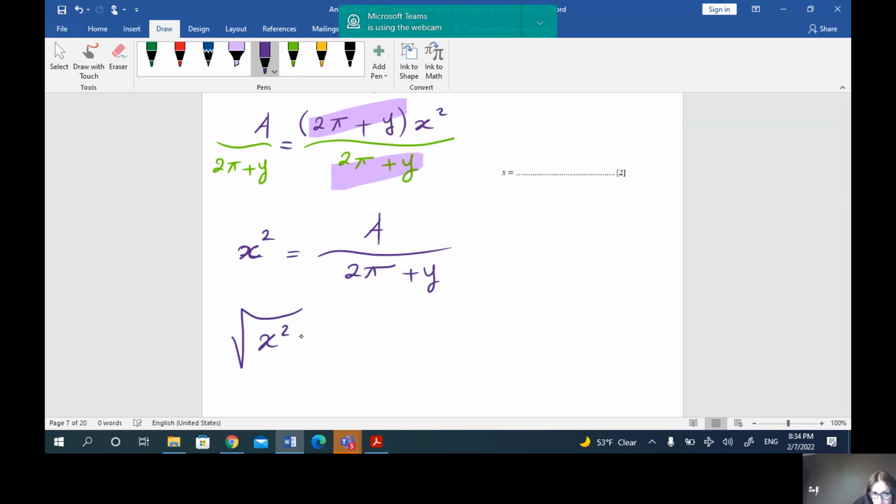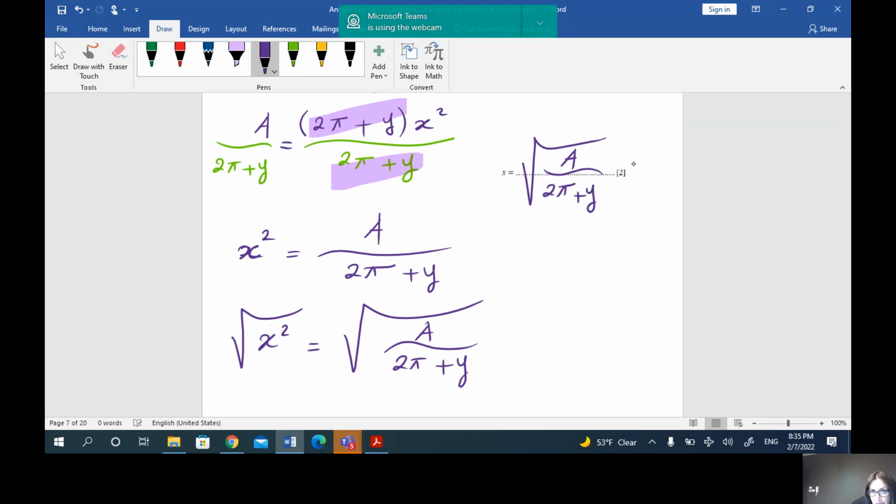So the square root of x squared equals the square root of A over 2 pi plus y. Accordingly, x is equal to square root of A over 2 pi plus y.